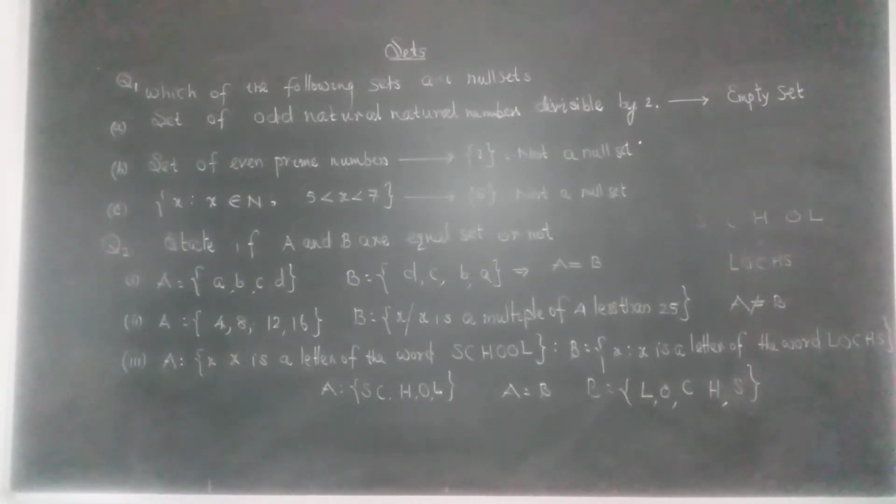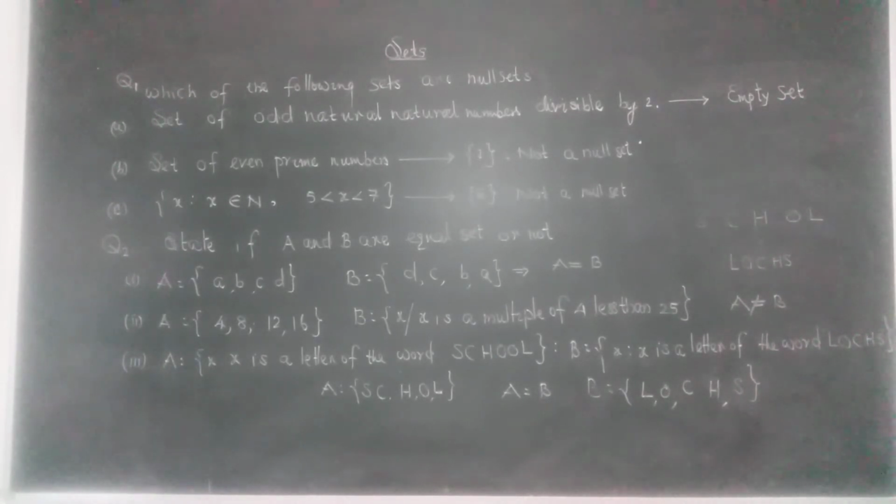Second example: set of even prime numbers. When you speak about prime numbers, we are going to have a big collection of numbers which can be divided by themselves and only by 1. So the numbers are going to be like 2, 3, then 5, then 7, 9 will never be, then 11, then 13 and so on.